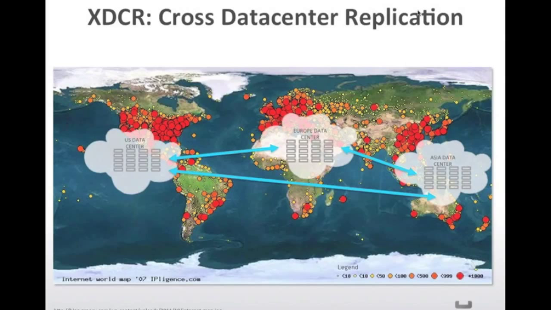Here, the reason we said globally is because here we have an example where you have a US data center, you have a Europe data center, and an Asia data center, and you have clusters replicating data across these different data centers. And as you would see when I go through the presentation, there would be different topologies that are possible and things like that.